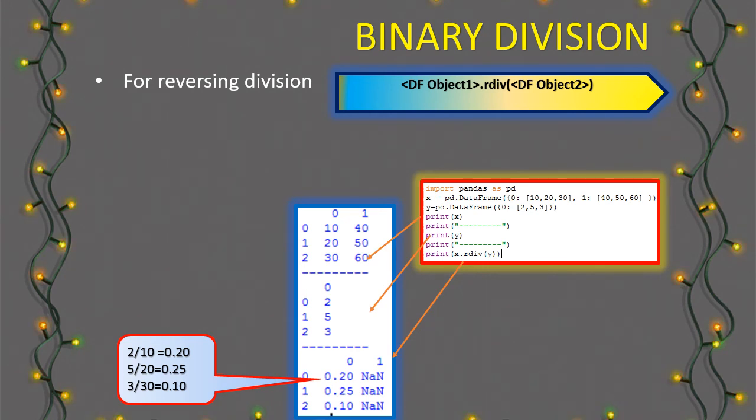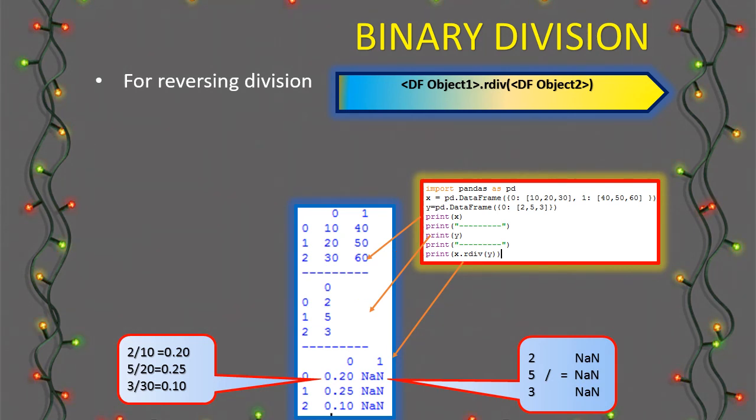So 2 5 3, next divided by 10 20 30, that is the x data frame 0th column values. For the second column of x, there is no matching value, it is unmatched, so it returns Not a Number.